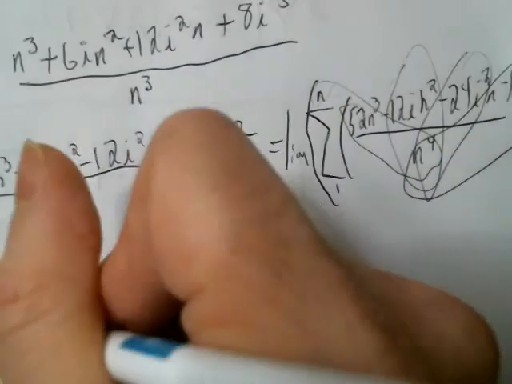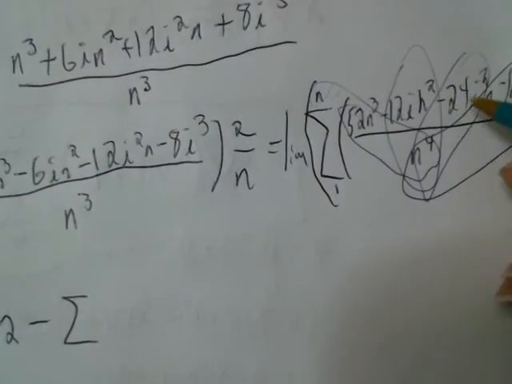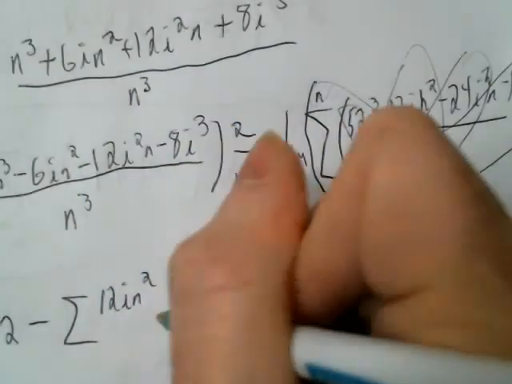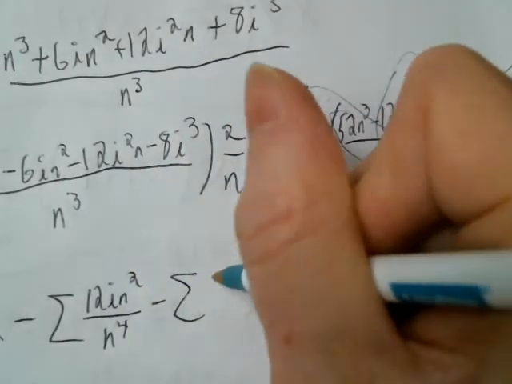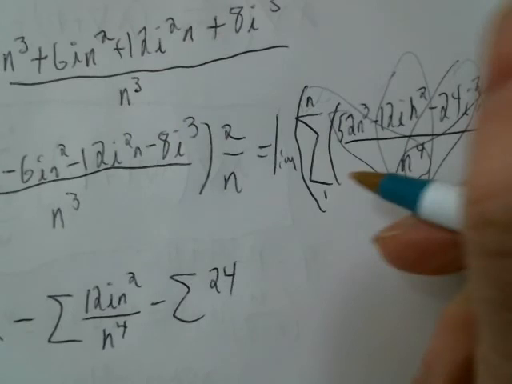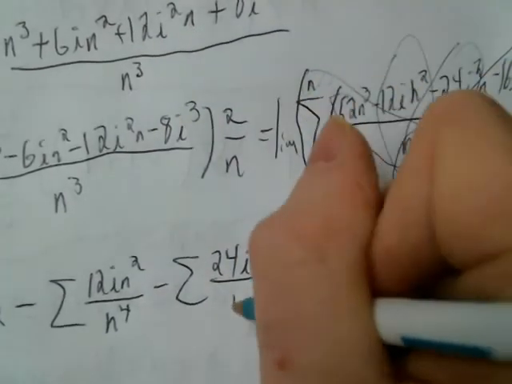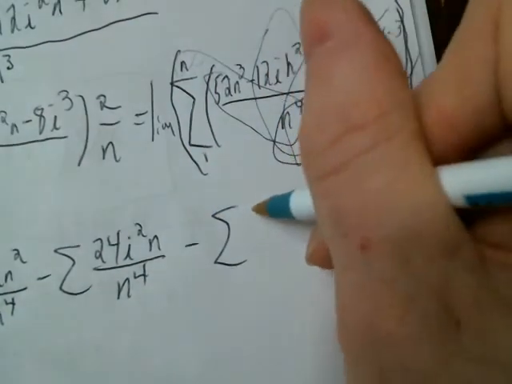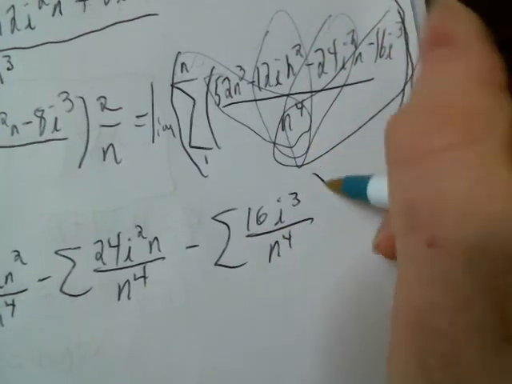The next one is minus the sum of 12i n squared all over n to the fourth, then minus the sum of 24i squared n all over n to the fourth, and then minus the sum of 16i cubed all over n to the fourth.